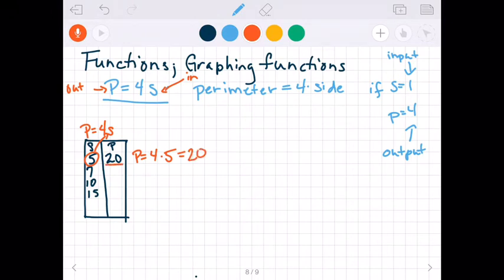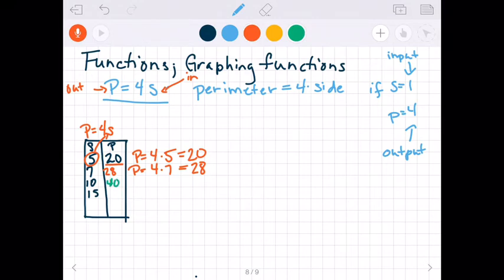How about when s is 7? Well, P equals 4 times 7, which is 28. So we would write 28 there. When s is 10, if the length of the side is 10, what will our perimeter be? Well, 4 times 10 is 40.